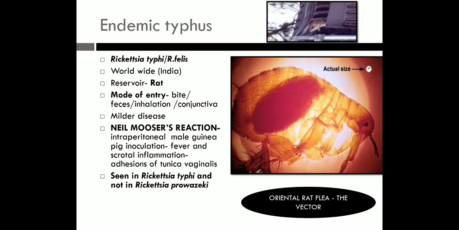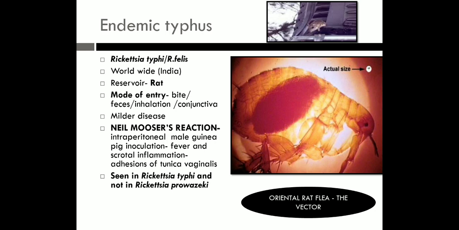So Rickettsia rickettsii produces scrotal necrosis. Rickettsia prowazekii, or what is called the epidemic typhus, usually produces only fever without any testicular inflammation, whereas Rickettsia typhi produces the scrotal inflammation, and also it causes adhesions in the tunica vaginalis.